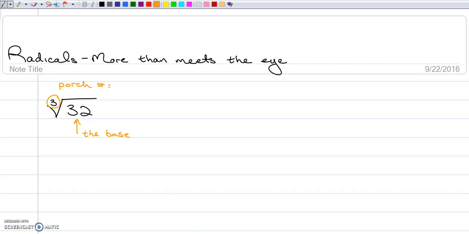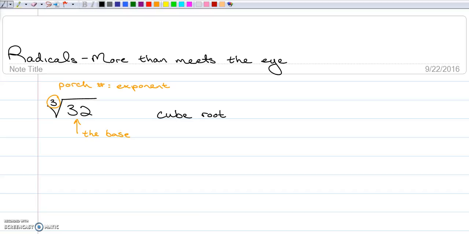It is actually the exponent. Remember yesterday we said that we are actually just undoing exponents. And so when I give you a porch number like this 3, it is giving me a value that is going to be associated with the base. What this problem says is the cube root of 32.